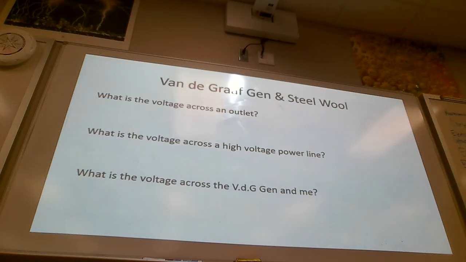Okay? 120. High voltage power lines. Caution, warning, high voltage. You've seen signs, and they've got a number, 480. I've seen them from 2,000 to 20,000.